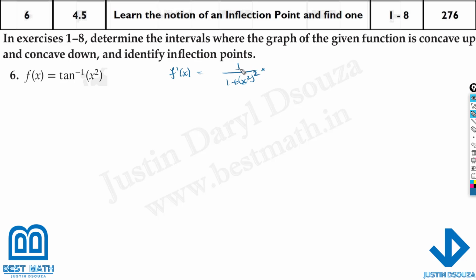Then you just have to multiply with whatever is the extra term. Tan inverse is done. It's the chain rule now. This is done. What is the derivative of x squared? It is 2x. So it looks something like this: 2x by 1 plus x to the power 4. Please remember these two terms. Just don't write 1 by 1 plus x power 4. That will be wrong. Chain rule, this is very important.